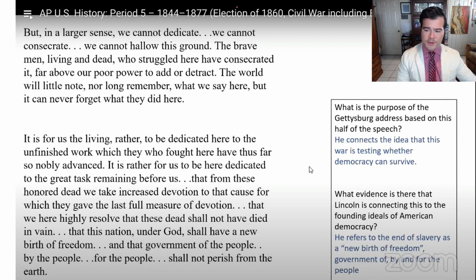Okay, so purpose. So, right, we're just doing HIP on the Gettysburg Address, right? Purpose. He connects the idea that the war is testing whether democracy will survive. He refers to the end of slavery as a new birth of freedom, government of, by, and for the people.